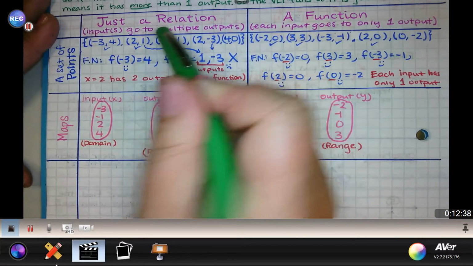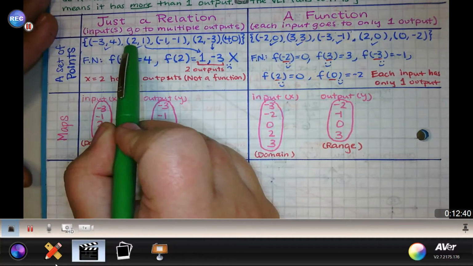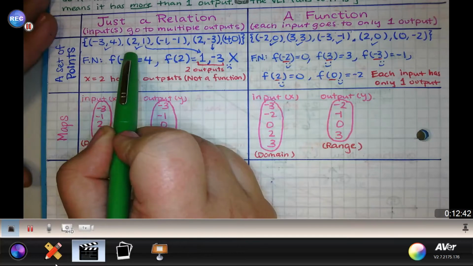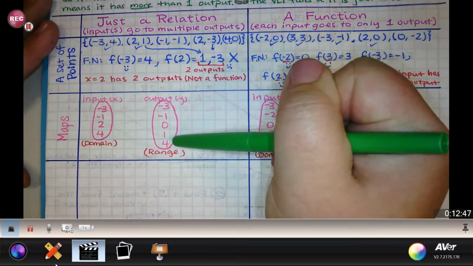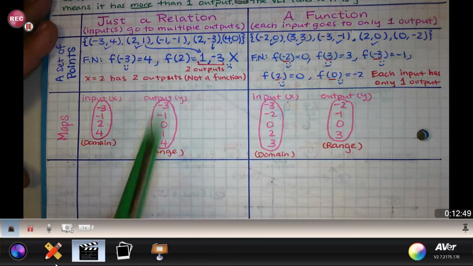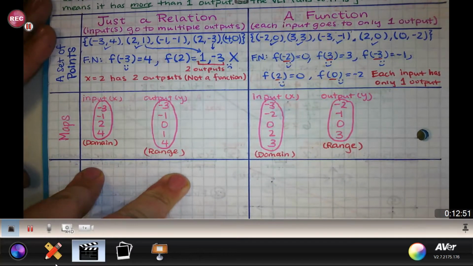If we looked at all the x values up here, 2 repeats, and I didn't repeat it. Same thing over here: the numbers increase and there are no repeats. So that is a rule if you're going to make your own one of these.